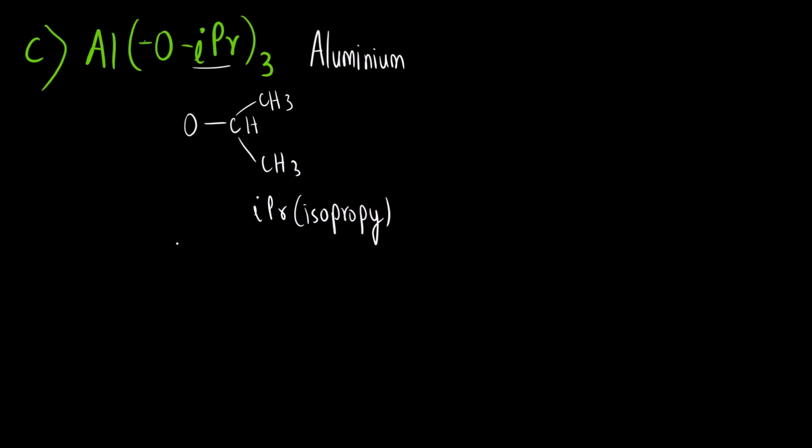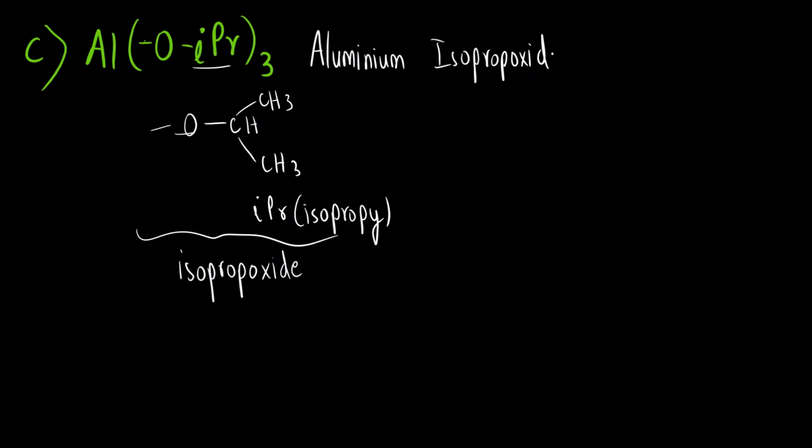Okay, so what is the name of this entire part? Because of this isopropyl group, and then there is oxygen, this is called as isopropoxyl group, and the overall name of this reagent is aluminium isopropoxide.